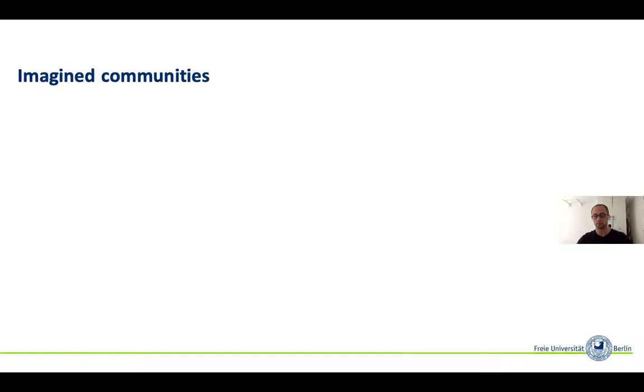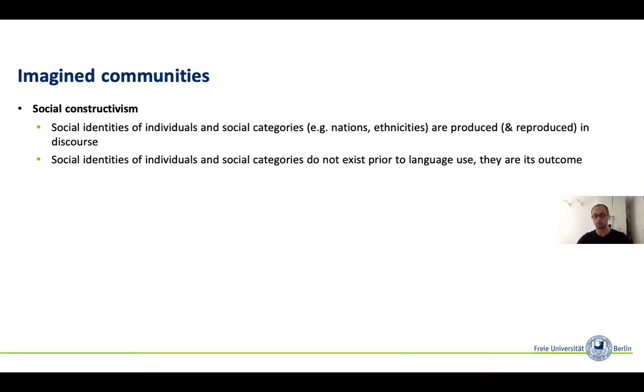Now, let's talk quickly about imagined communities. The idea of a community that can be imagined is based on the concept of social constructivism. Social constructivism is the theory or model, or describes the fact, basically, that social identities of individuals, of individual speakers, and social categories such as nations, ethnicities, and other groups that we can belong to, are produced and later reproduced in discourse.